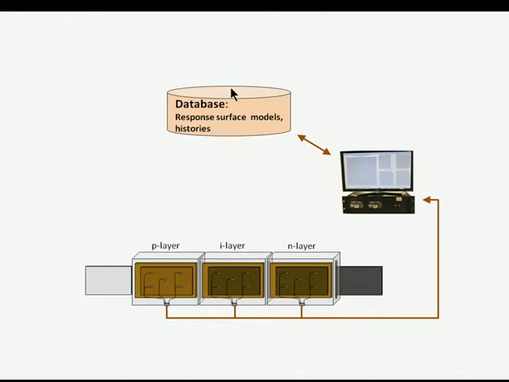The histories of the best panels, such as panels with best efficiency, are processed by our software to deduct theoretical response surface models, which can be later used in order to change the process conditions for each panel and achieve the best performance.